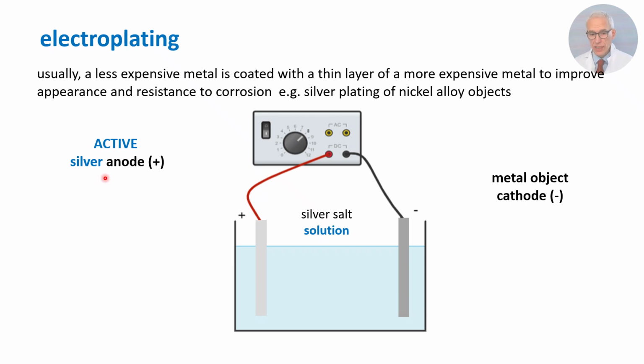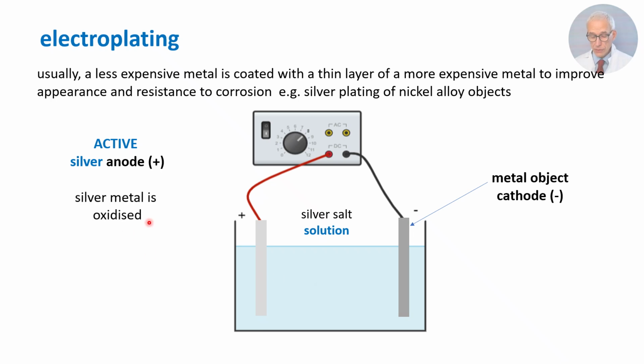The anode is an active silver electrode. The cathode is the metal object to be silver plated or electroplated. The solution is a silver salt solution, so the electrolyte contains silver ions.